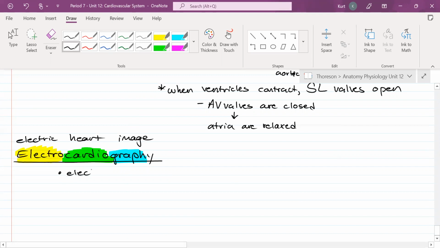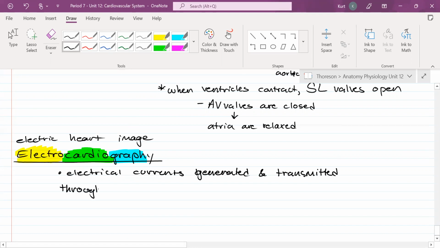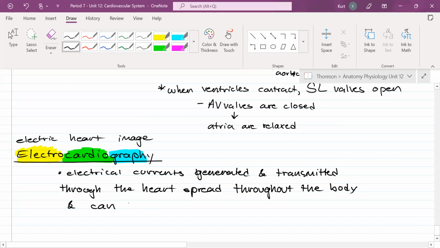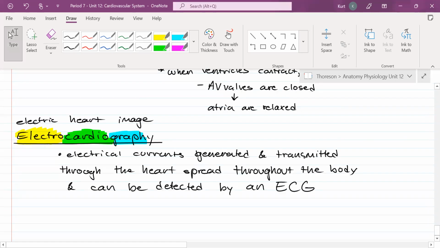So you have electrical currents generated by your heart. These electrical currents can spread throughout your body, and can be detected by an ECG, which is an electrocardiograph.